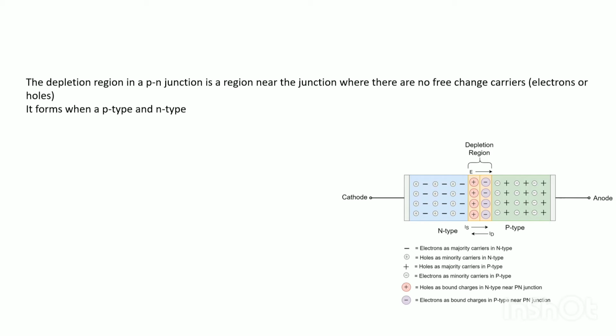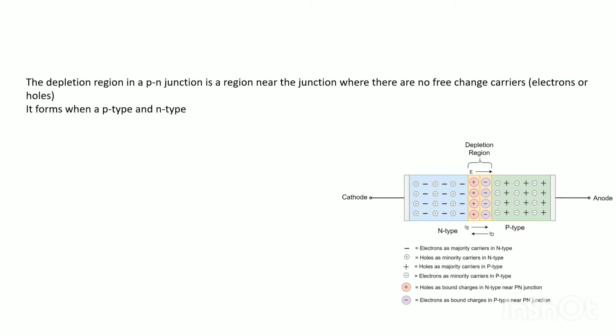Now I discuss the junction diode. The junction diode is the simplest semiconductor device. Here is its basic physical construction and electrical symbol. The junction diode is formed by doping half of intrinsic silicon with p-type dopant and the other half with n-type dopant.